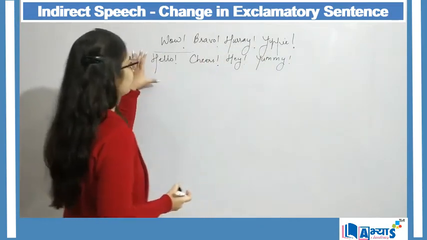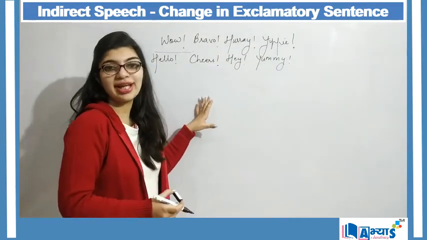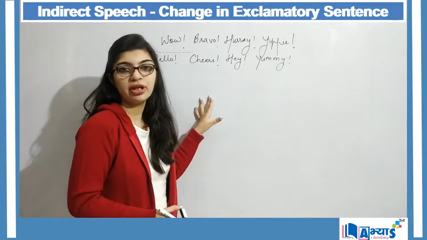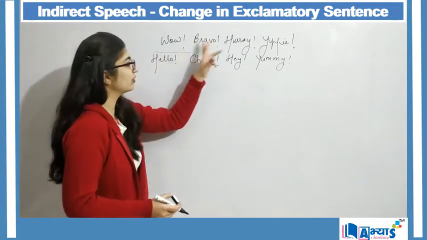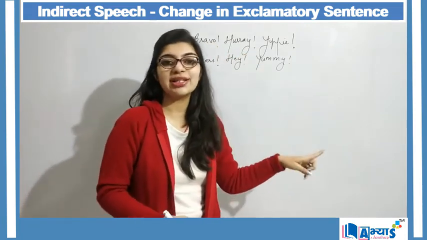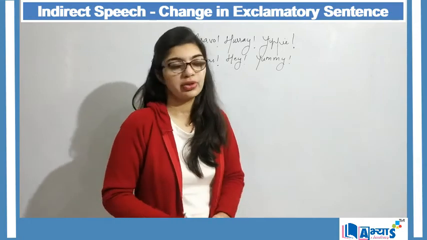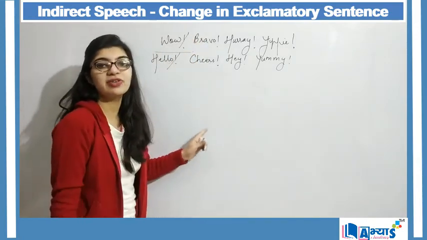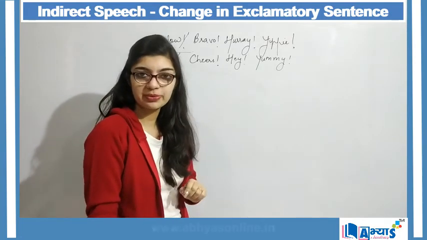Now we use such words in direct form. To convert it into indirect form, first we need to remove these exclamation marks and replace that with a full stop. So the exclamation mark will be removed and it will be replaced by a full stop.